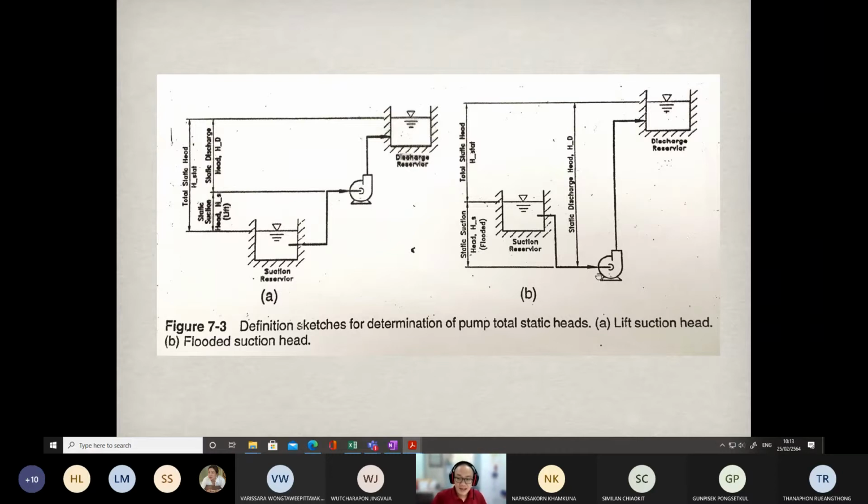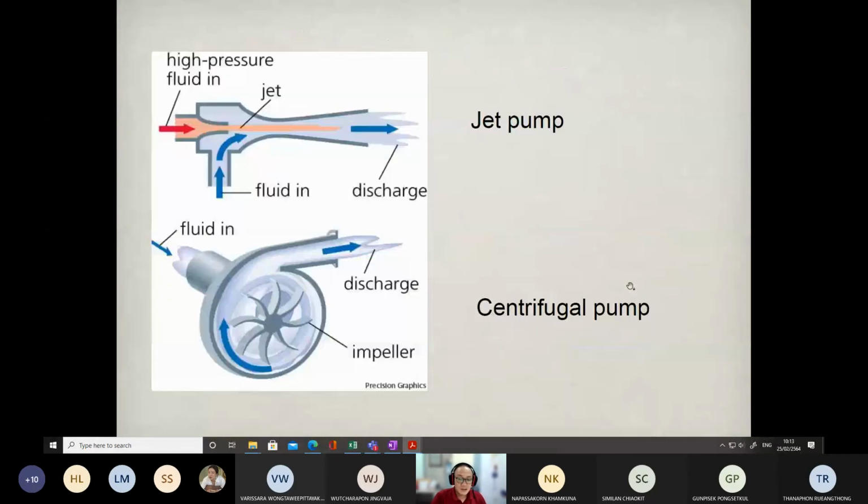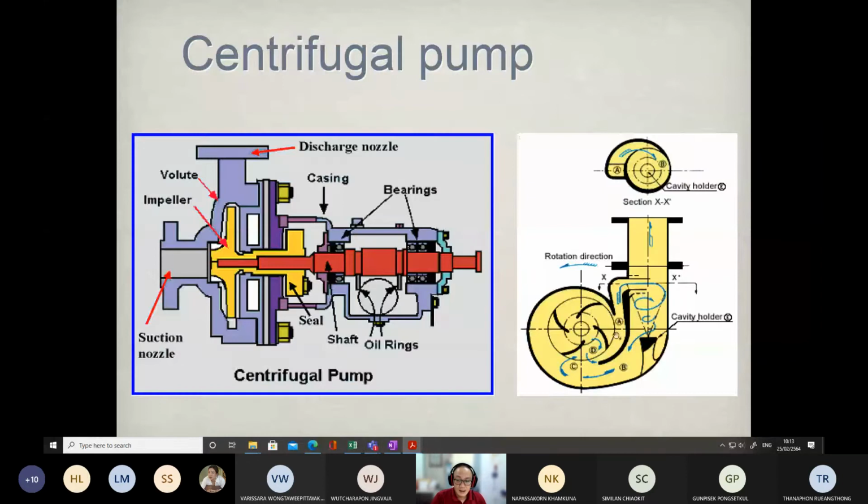And then the second case is the centerline of the pump. When I say the center line, it means this line, the horizontal line lying on the center of the impeller.